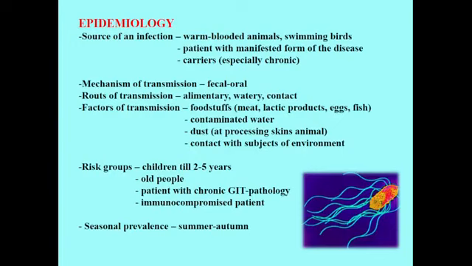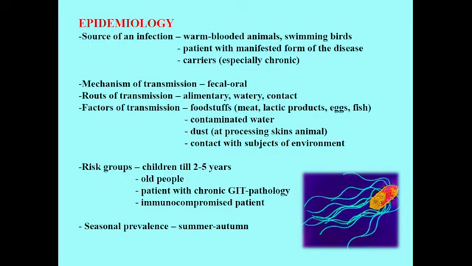Epidemiology: source of infection, if we talk about animals: warm-blooded animals, swimming birds. If we talk about people: the patient with a manifested form of the disease, and carriers, especially chronic carriers. Yes, it's zooanthroponotic, both animal and human may be the source of infection. Mechanism of transmission: fecal-oral.